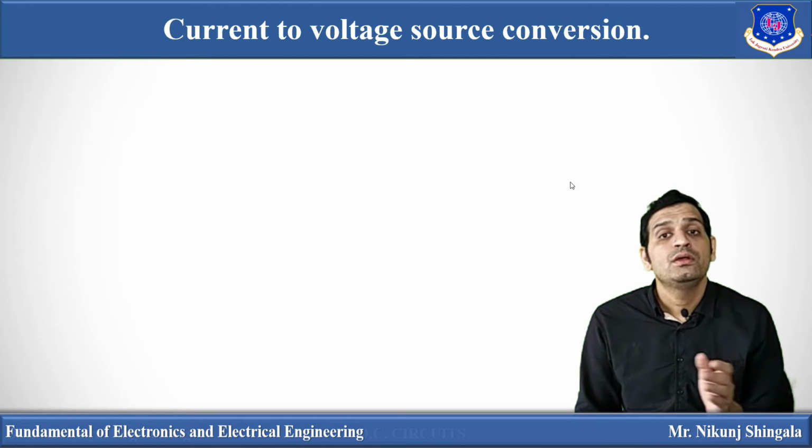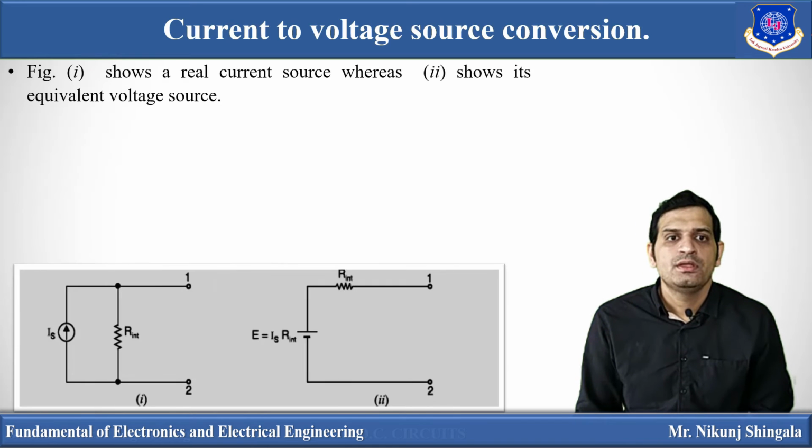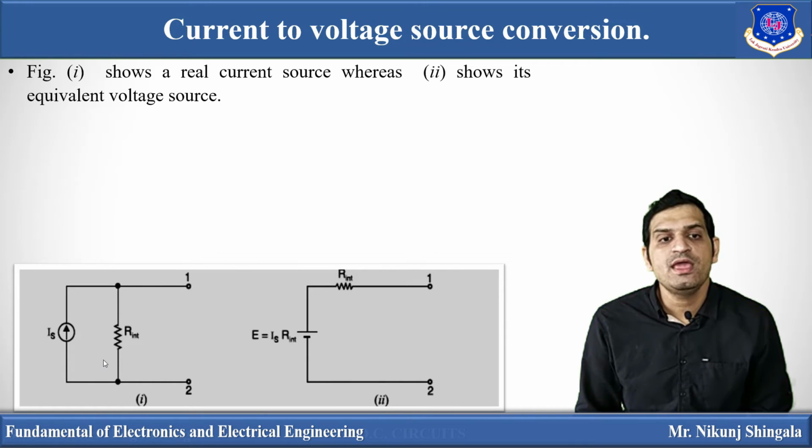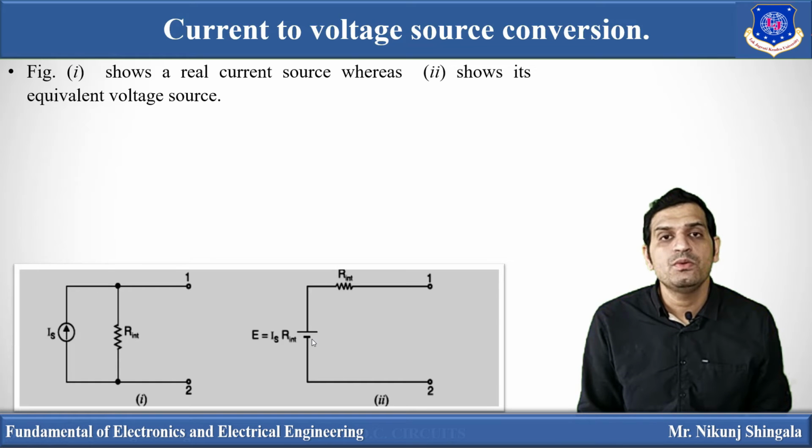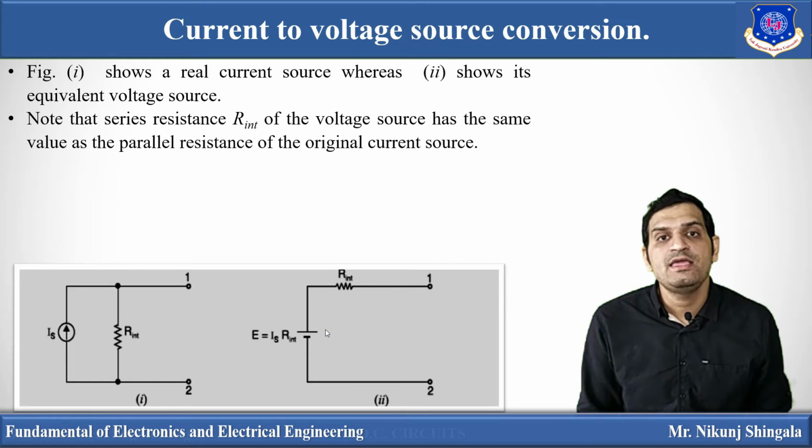Now current source to voltage source conversion. Here one circuit, figure A, consists of a current source in parallel with the resistance R internal, that is the internal resistance of the current source. Now this network can be converted into the equivalent voltage source. The voltage source E is given by Is into R internal, where Is is the source current and R internal is the resistance which is in parallel with the current source.